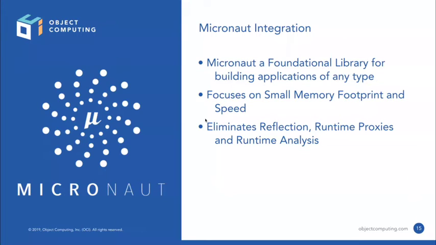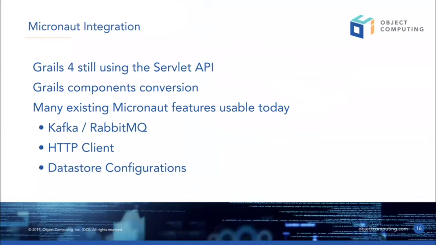One of the major differences, because Grails does a lot of compile time things as well, like GORM data services and many compile time enhancements, is that Micronaut does not touch or modify your classes at all, whereas Grails does, right? And Grails requires Groovy, but Micronaut can be used with Java, Groovy, or Kotlin.